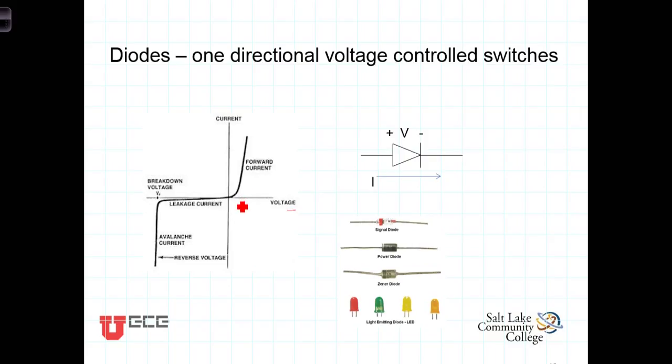But once that junction voltage is overcome, current flows through it very, very freely, such that very small changes in voltage represent great changes in the current that can flow through.